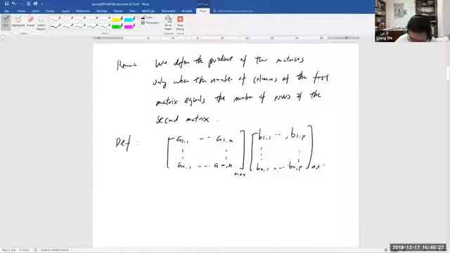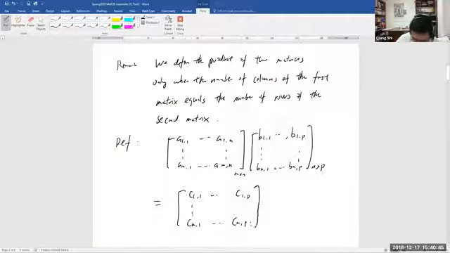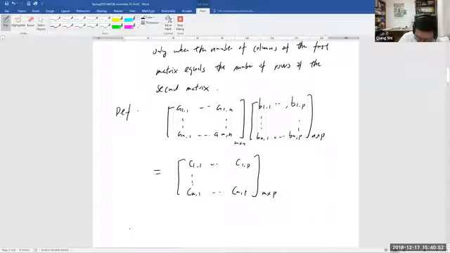When you finish, you get something, let's call this C, from C11 to C1P, down to CM1 up to CMP. Okay, so this is an M by P matrix.